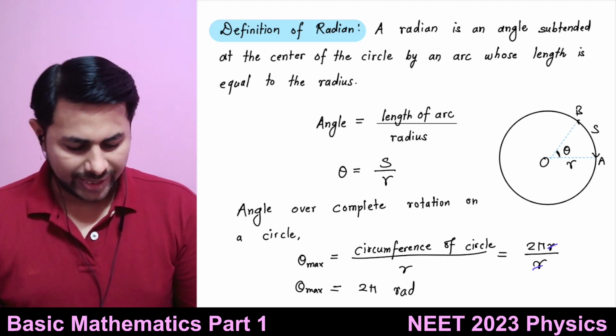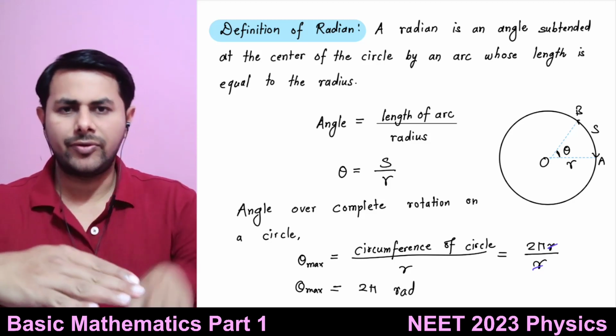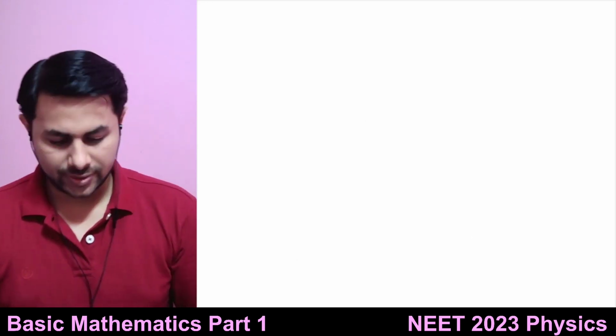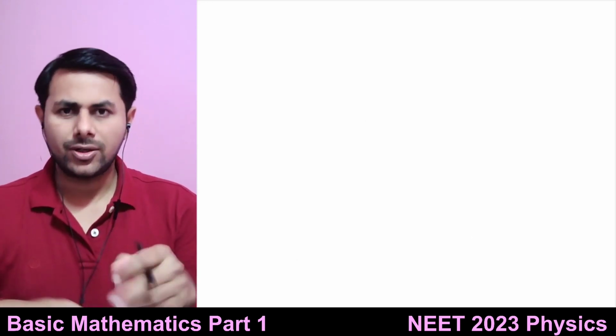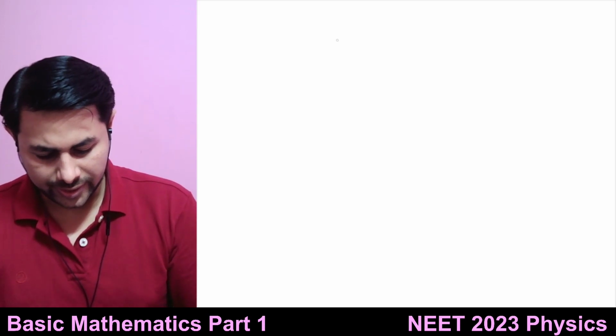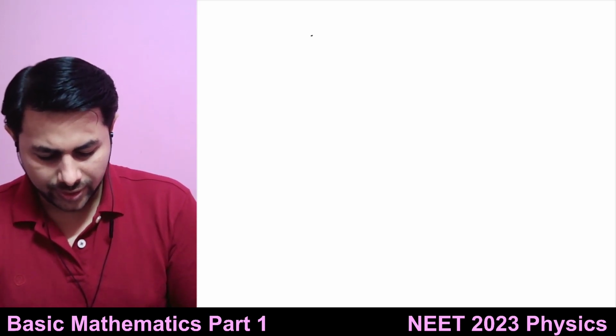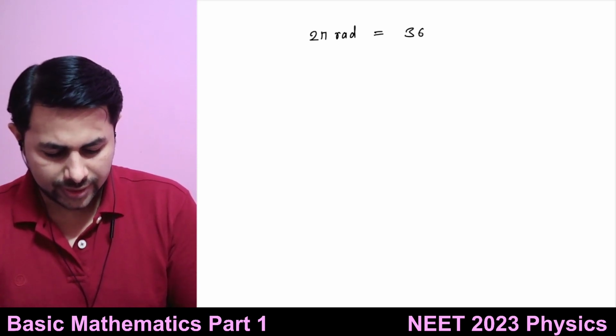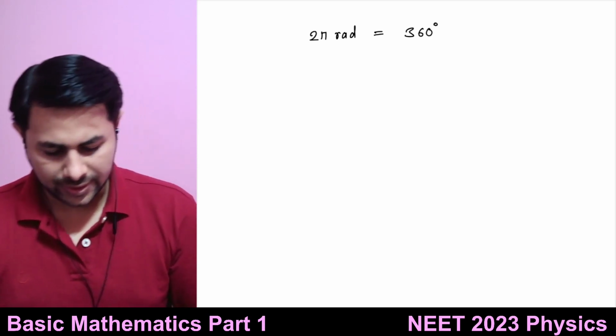So what is my theta max? It's the angle over one complete rotation, and it's equal to 2 pi. The angle over one complete rotation on a circle is equal to 360 degrees. So I can say 2 pi radians is equal to 360 degrees.